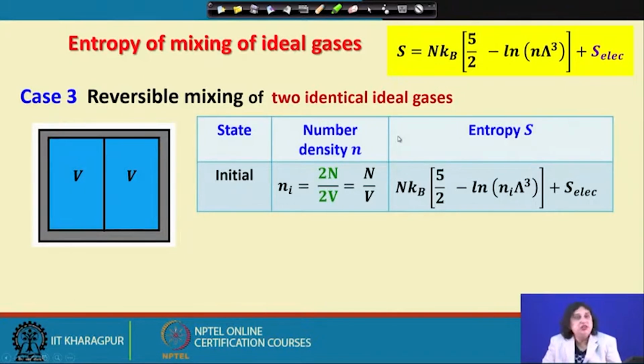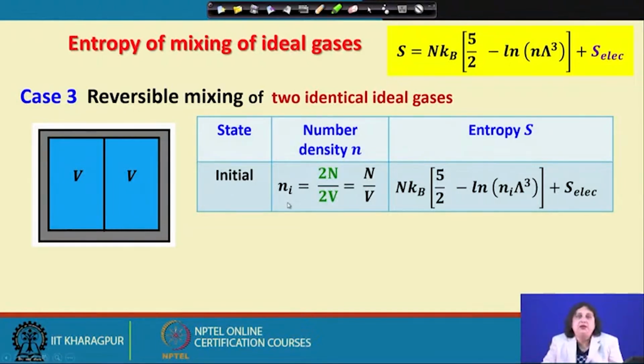We find that in the initial state, I have capital N particles of the ideal gas on this side and capital N particles of the gas on the other side, and therefore, I have a total of 2N particles of the blue type present in a volume of 2V.